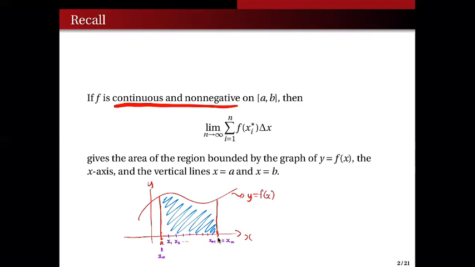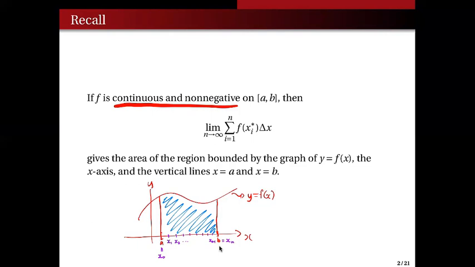Here we have only a few points, but think of it as having many points, that is, we have divided this interval into a big number of subintervals.